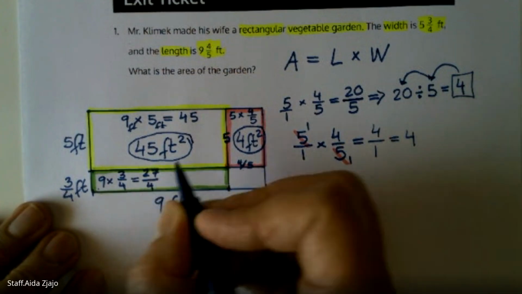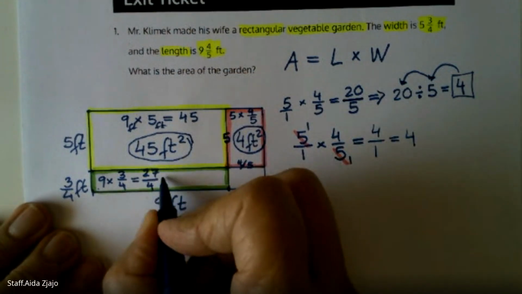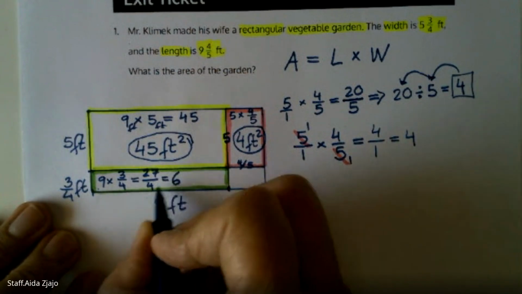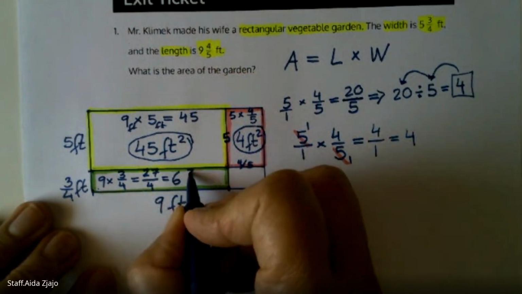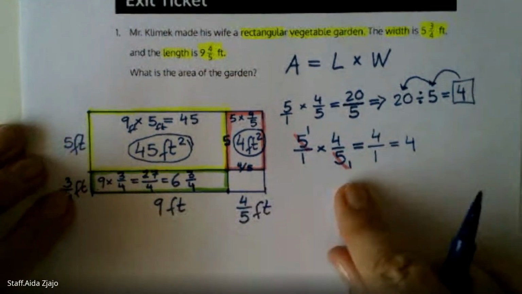And 27 divided by 4, you can see 6 times 4 is 24, and you will have 3/4 extra. That's one way to see it.